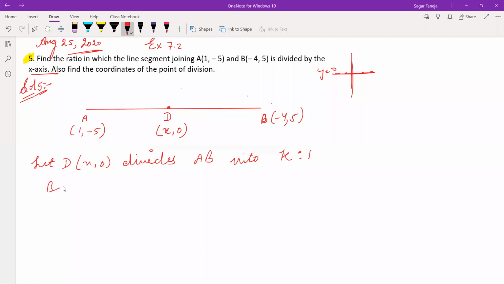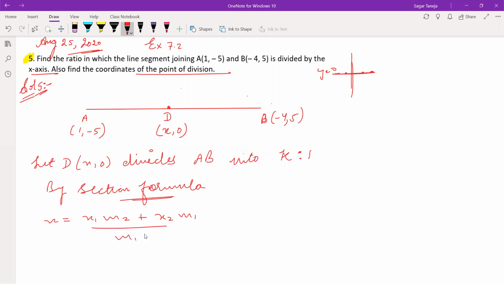Now by the section formula, we are going to use the value of y, but let us use both because we have to calculate the point of division also. So x is equal to x1 m2 plus x2 m1 upon m1 plus m2.